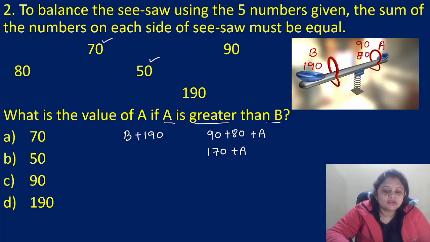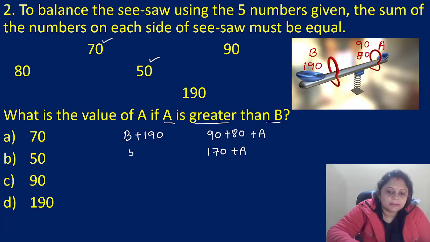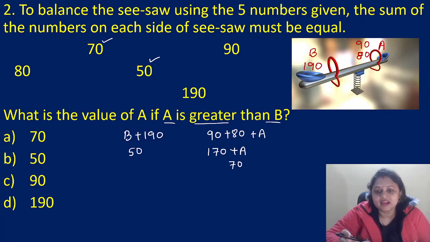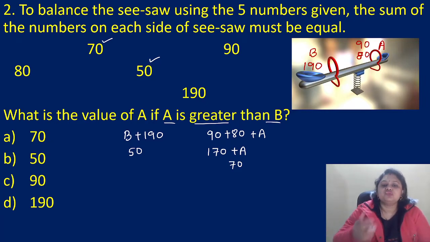So here 190 is present, which is a bigger number than 170, and between 70 and 50, which is lesser, that is 50. So we have to write the lesser number here and the bigger number here. That means we have to write the smaller number with the bigger number and the bigger number with the smaller number, so that we may get the equal number if we add them.